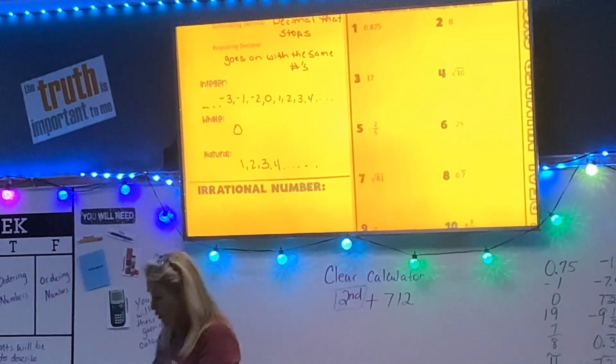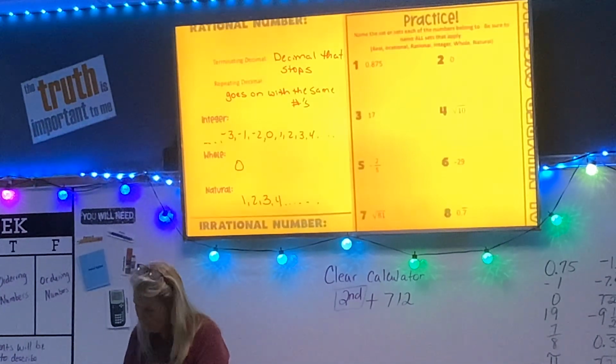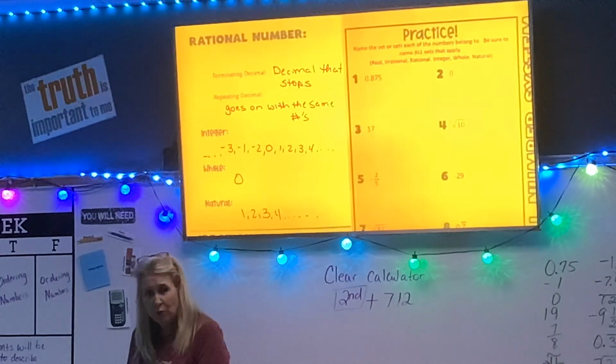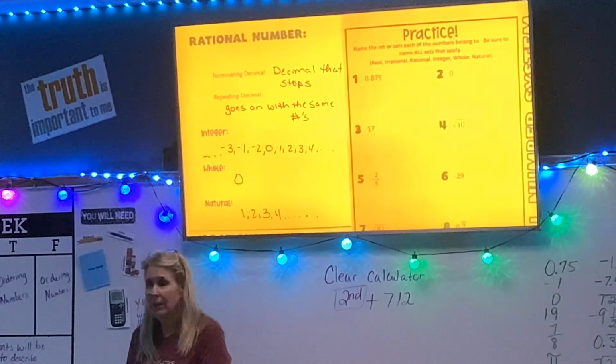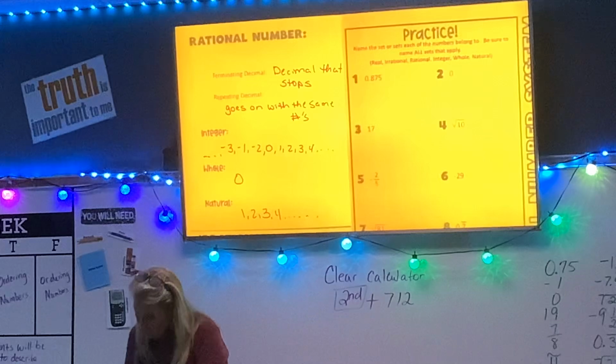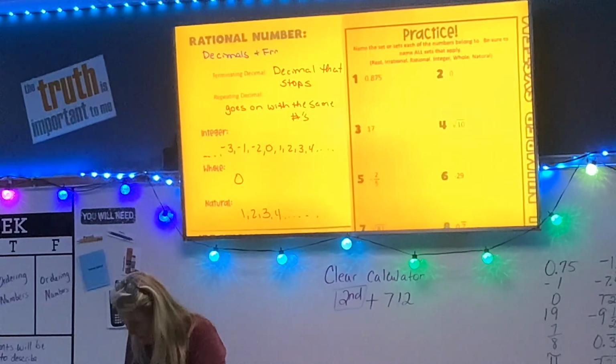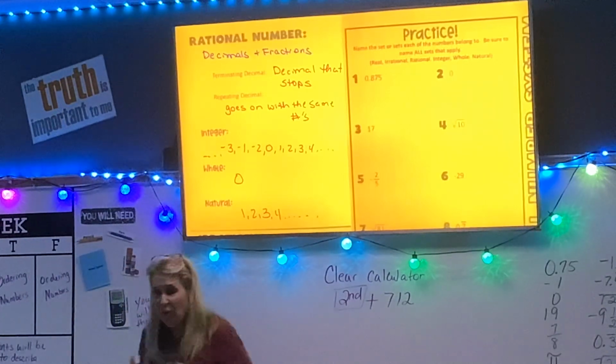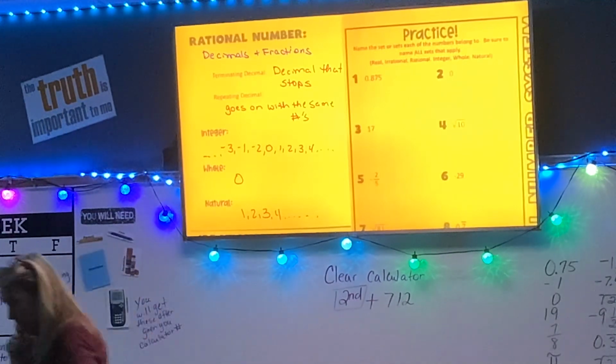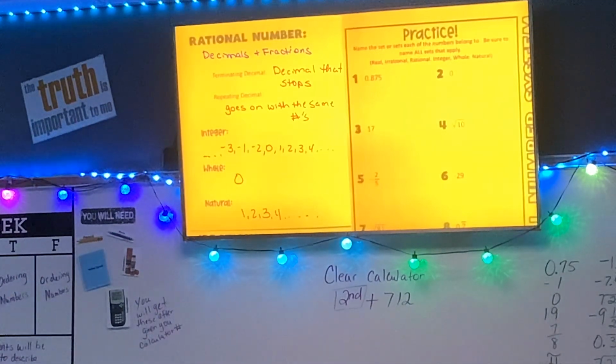So I do need you to write this up top. Under rational numbers, I do need you to write this. Under rational numbers, I want you to write decimals and fractions. So fractions can only go there in rational numbers, and decimals that terminate or repeat.